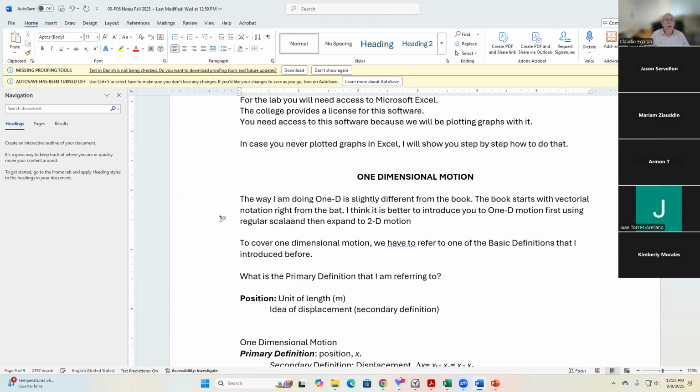The book starts using vectorial notation right from the bat.